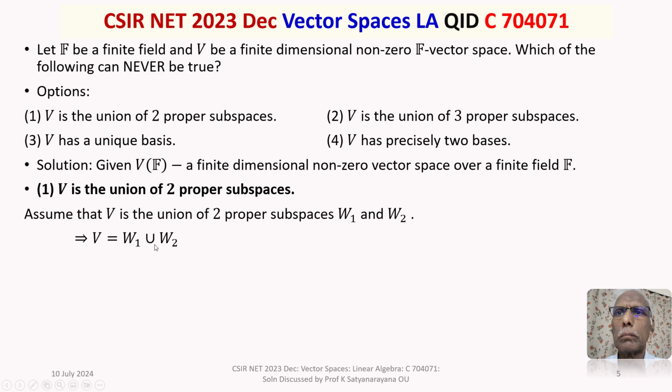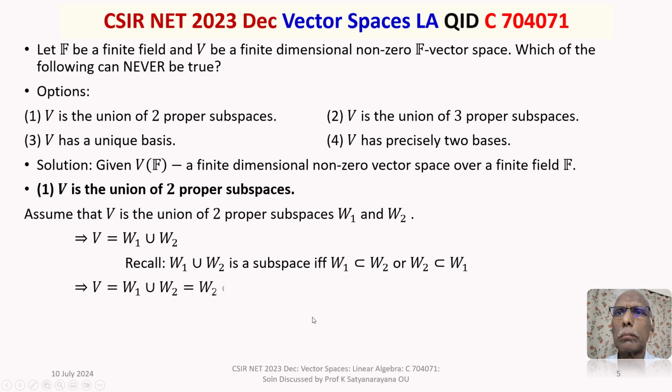W1 union W2 is a subspace if and only if either W1 is contained in W2 or W2 is contained in W1. If W1 is contained in W2, W1 union W2 is W2. If W2 is contained in W1, W1 union W2 is W1.